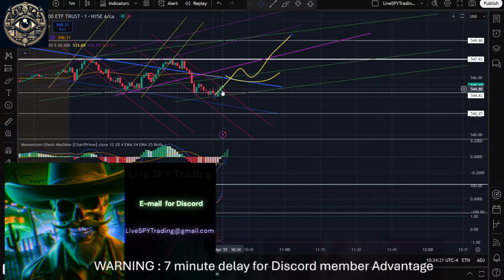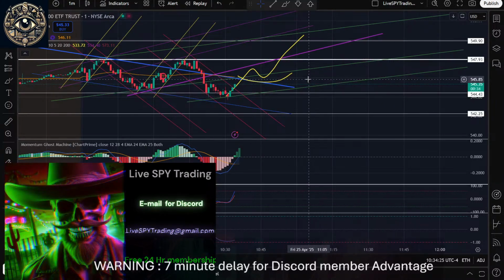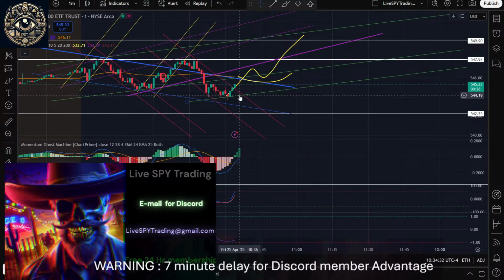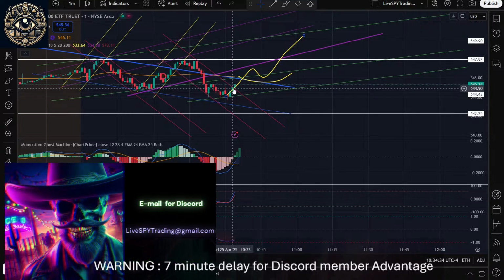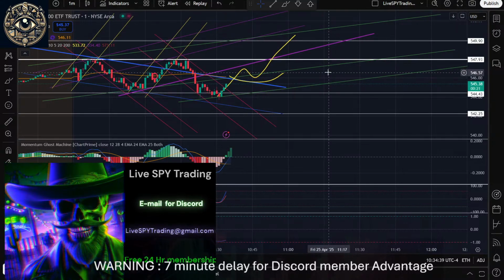Top of blue is going to be the target. I took the break of magenta, so my trade's protected. So now we're just going to wait and see what happens.